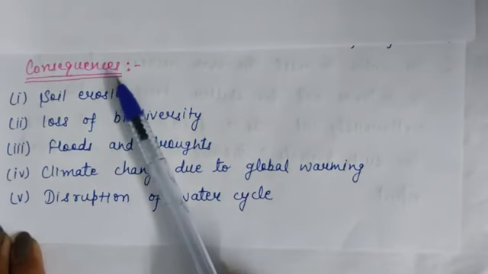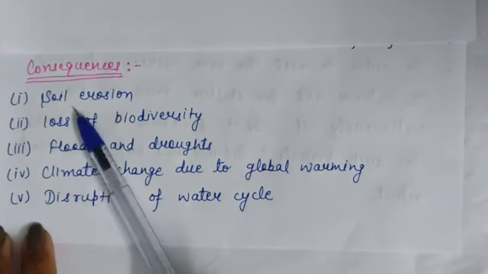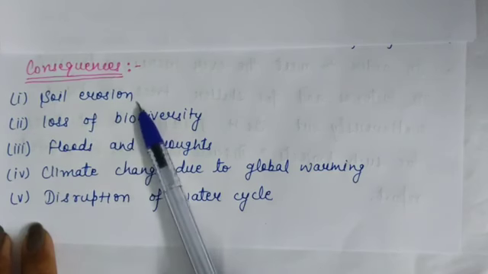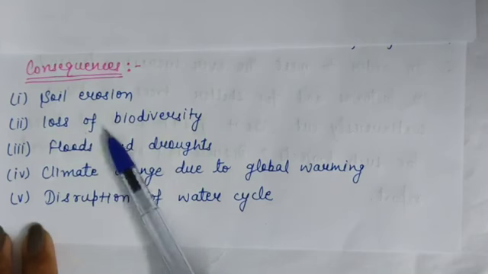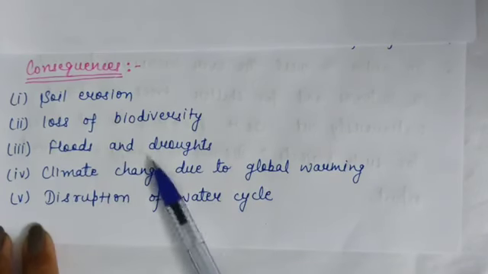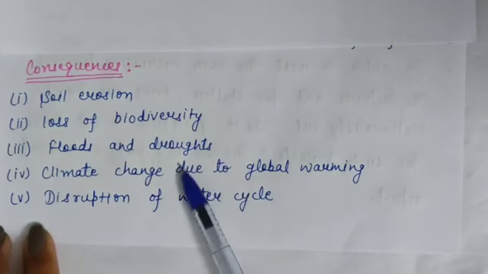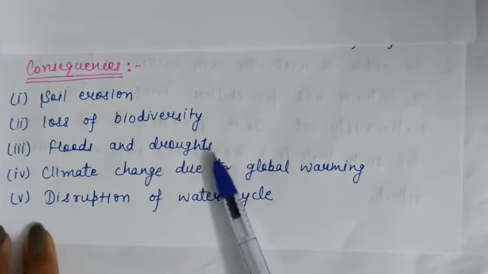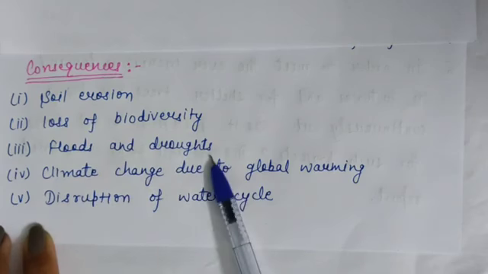Now what are the consequences? First is soil erosion. Means soil will become eroded by the deforestation. Second is loss of biodiversity. Third is floods and droughts. We have already discussed that deforestation leads to floods and droughts.